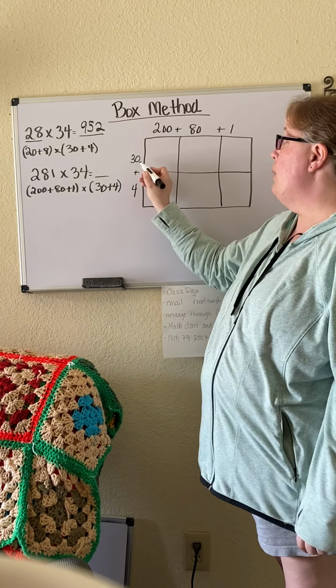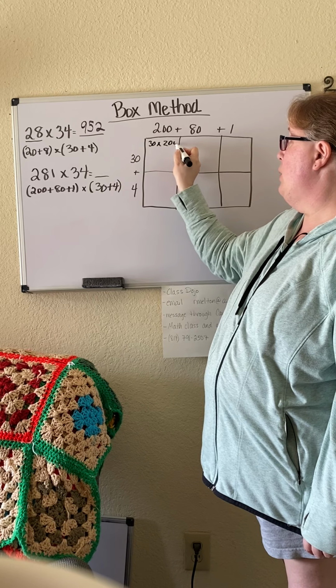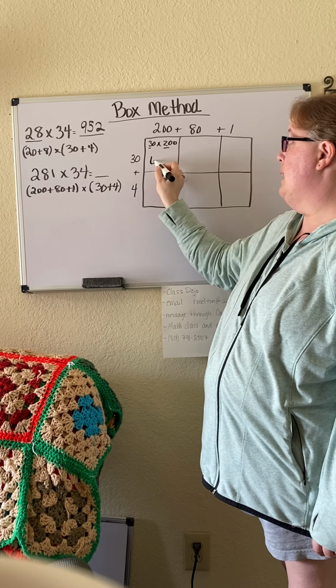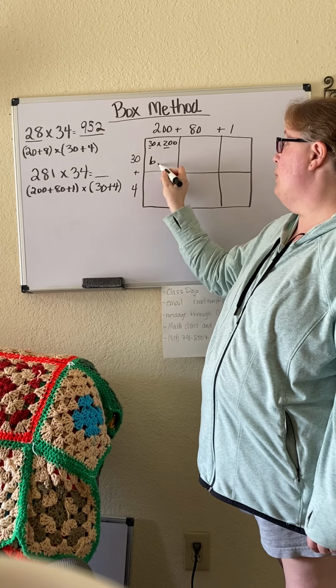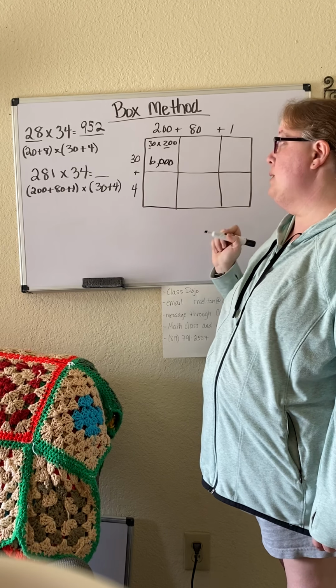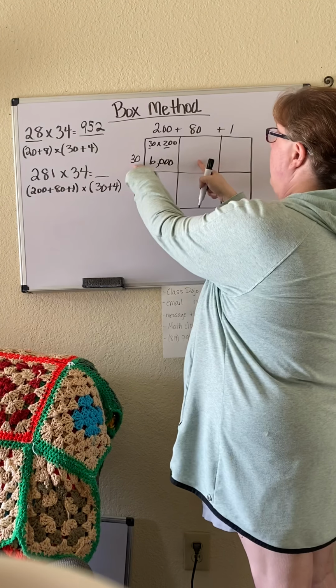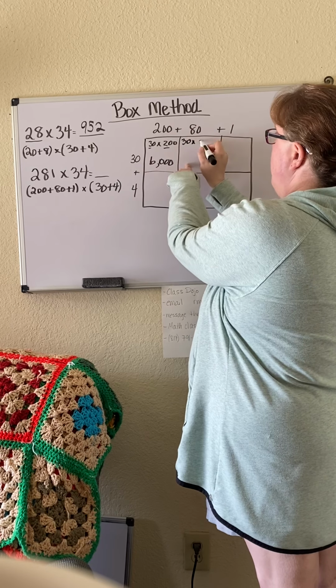So this is 30 times 200. Well, 3 times 2 is 6, and there are 3 zeros, so this is 6,000. This is 30 times 80.